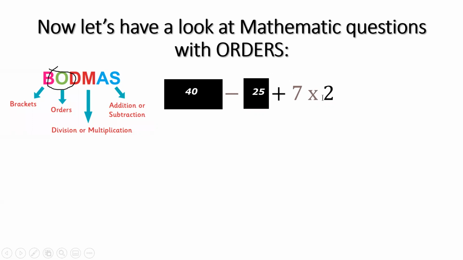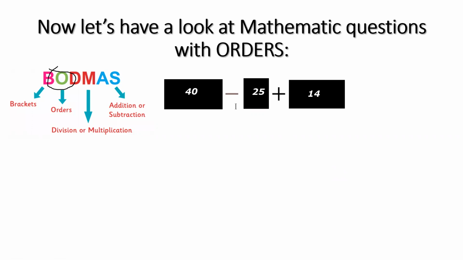What comes first out of all of those? Multiply. Multiply is before add and subtract. So I need to do that one next. So I've got 7 multiplied by 2, which is 14. All right, now I'm left with 40 subtract 25 plus 14.